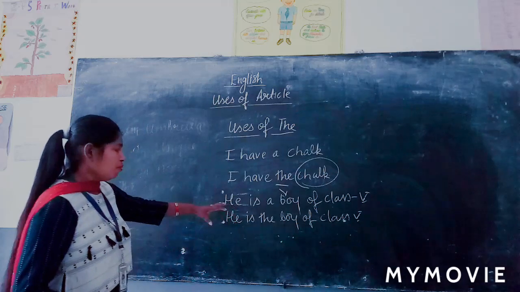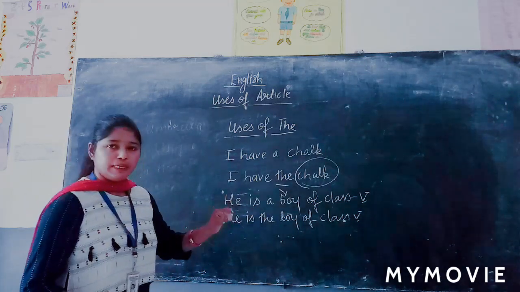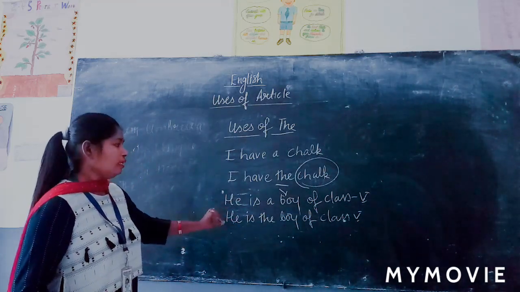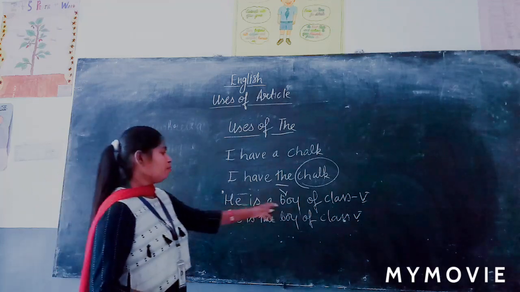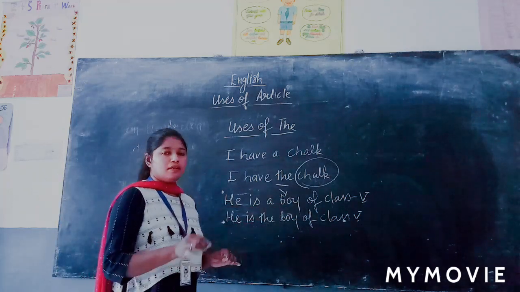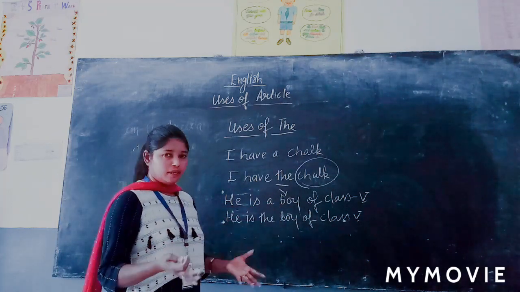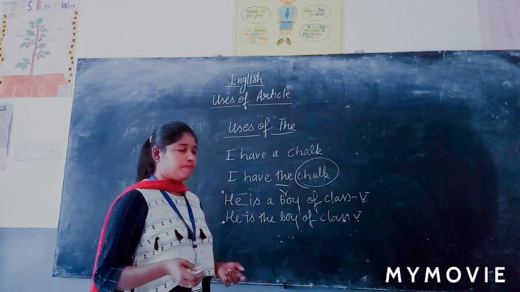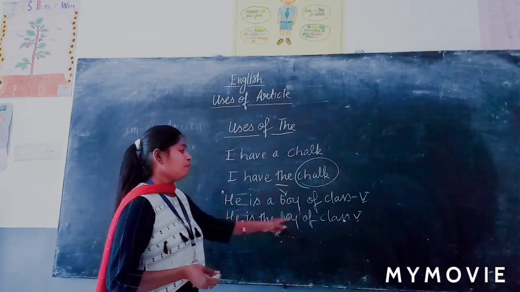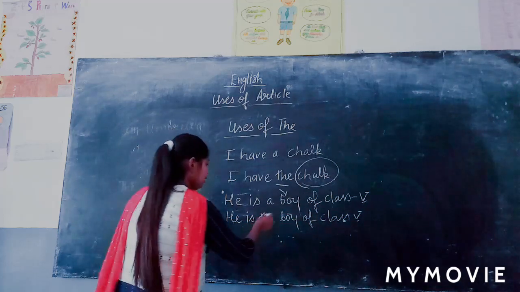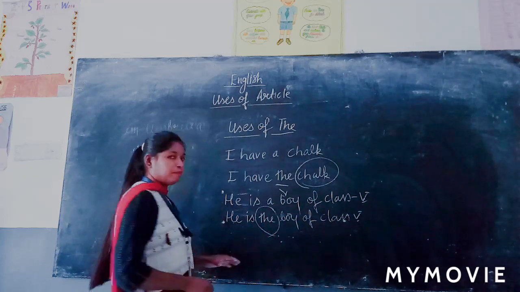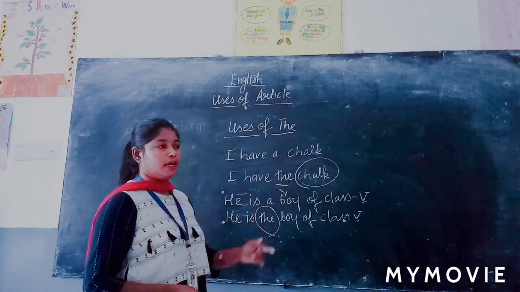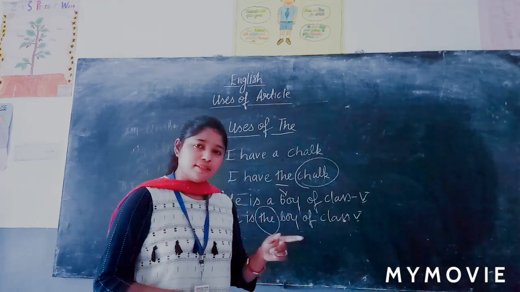Both sentences are a little bit different from each other. He is a boy of class 5 means that boy can be anyone from class 5. But he is the boy of class 5 means we are talking about the special boy who is in class 5.